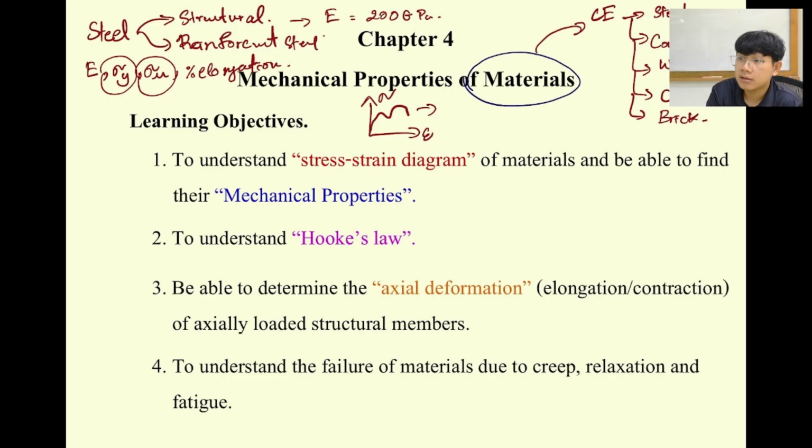We can find sigma u, sigma y, and Young modulus, which is the slope at the linear elastic region over here. And lastly, the percentage elongation, calculated with the deformation over L0, multiplied by 100.